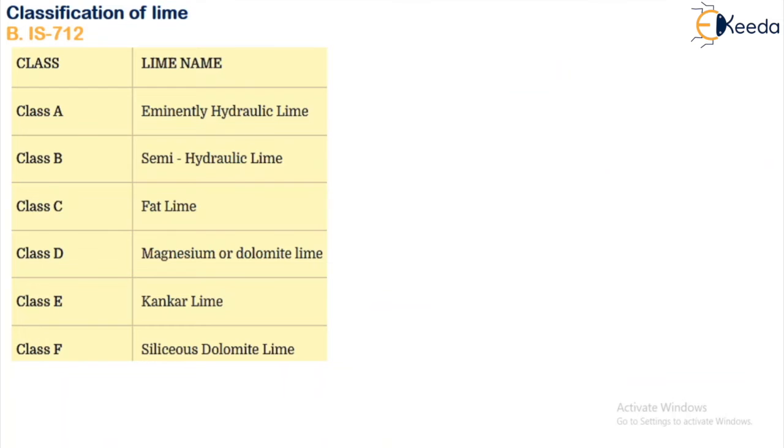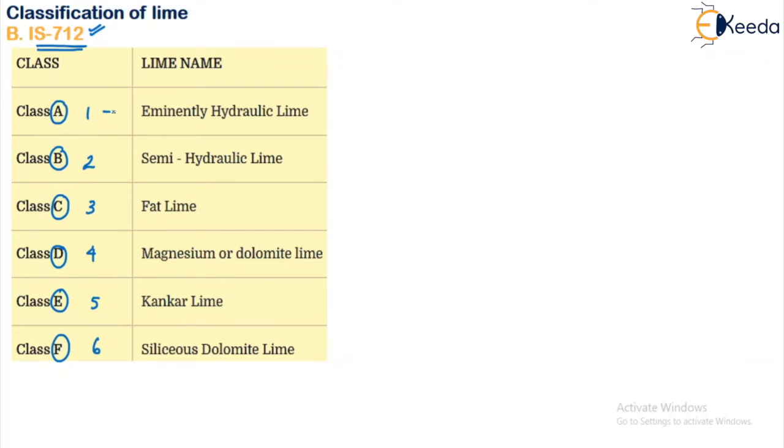Next is according to the IS classification, the major category. This is according to IS 712. Now, as I told you in the initial part, we have A to F categories. Okay, so totally 6 categories are there: 1, 2, 3, 4, 5 and 6.